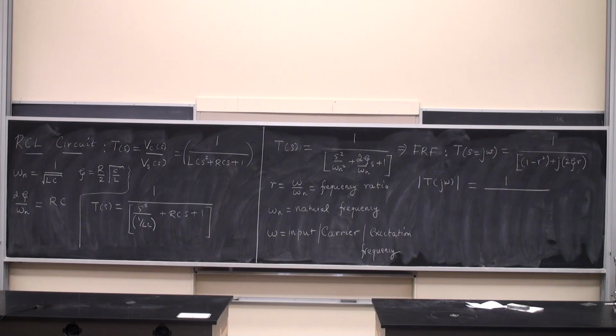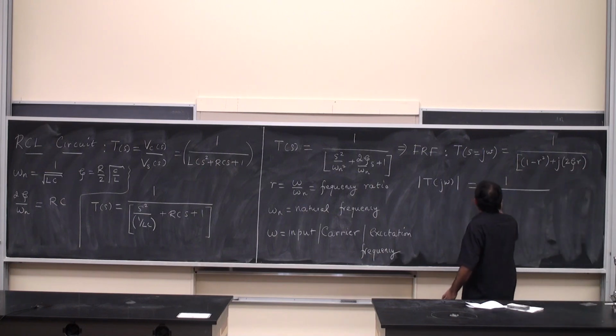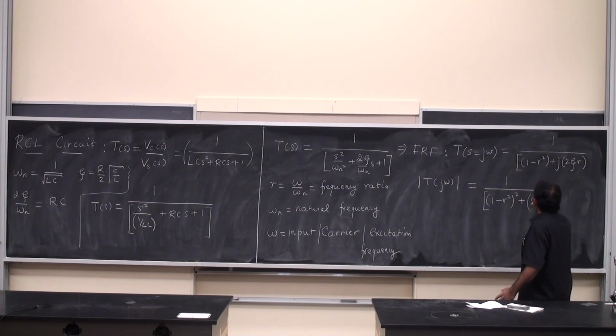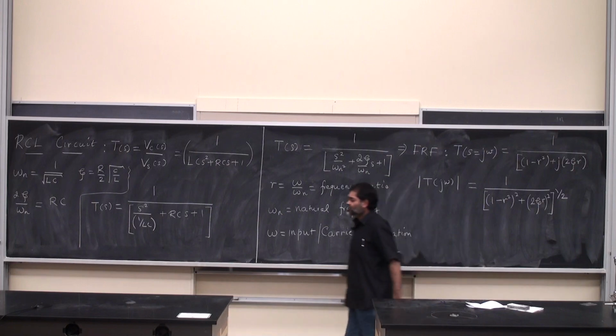Please make sure you are squaring the real part, you are squaring the contents of the imaginary part, and you are adding them up together. Okay, it's not j square. So this is 1 minus R square whole square, plus 2 zeta R whole square, all of this to the power 1 by 2. Okay, square root of that. We did all of this last class.